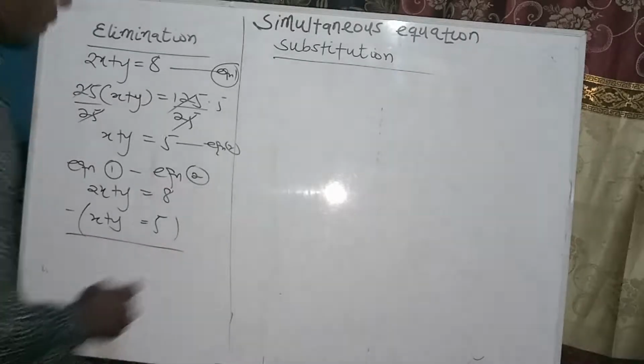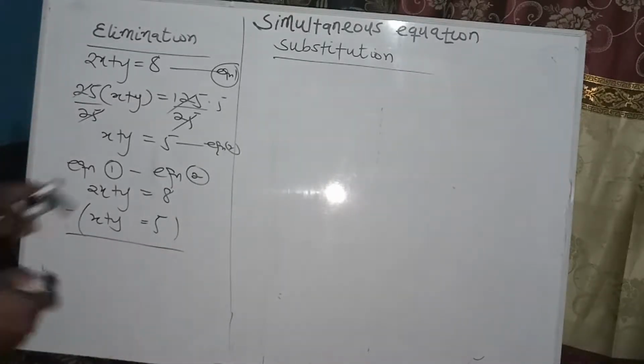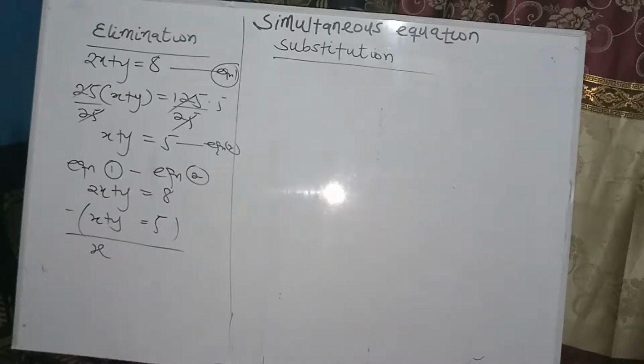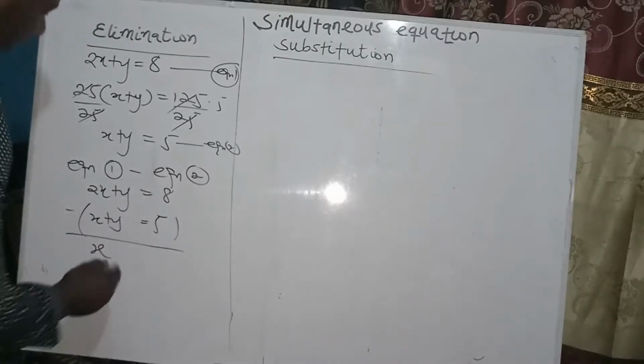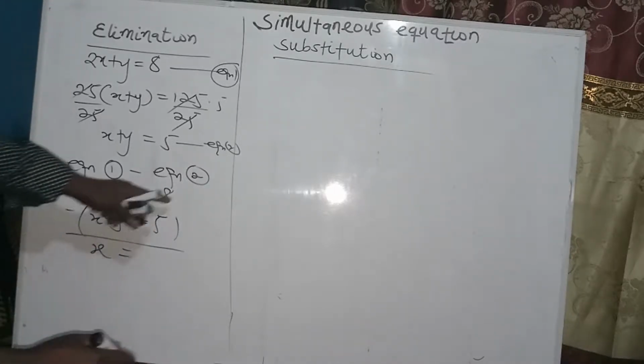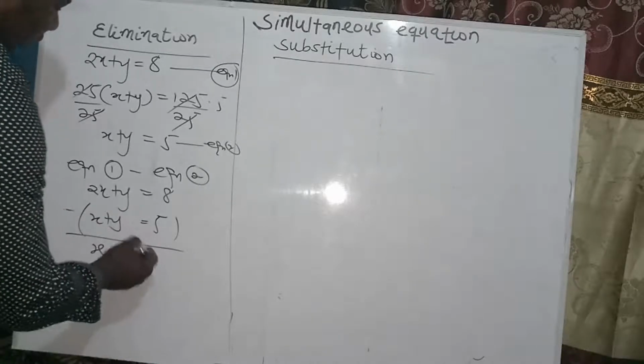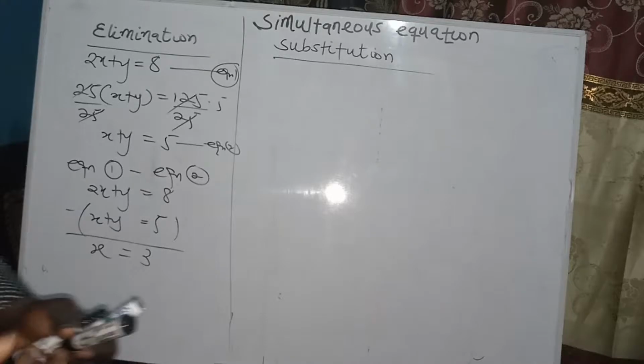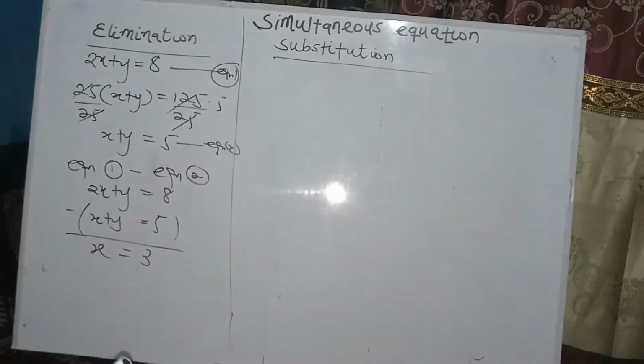So doing my subtraction on this side, 2x minus x will give me what? x. Then y minus y will give me 0. So equals 8 minus 5 will give me what? 3. So at this point, I've gotten the value for the variable x, so simple, which is 3.